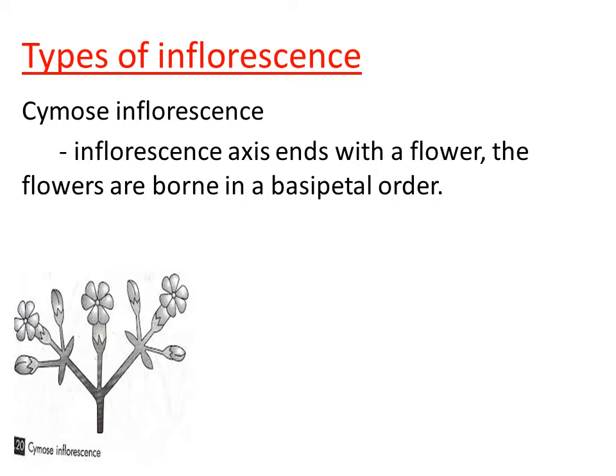Right? So now let us understand the flower, because we have just discussed the inflorescence. Inflorescence is the arrangement of flowers on the floral axis. So in order to form an inflorescence, the plant needs flowers. Flowers are fascinating organs. They are meant for the process of reproduction.